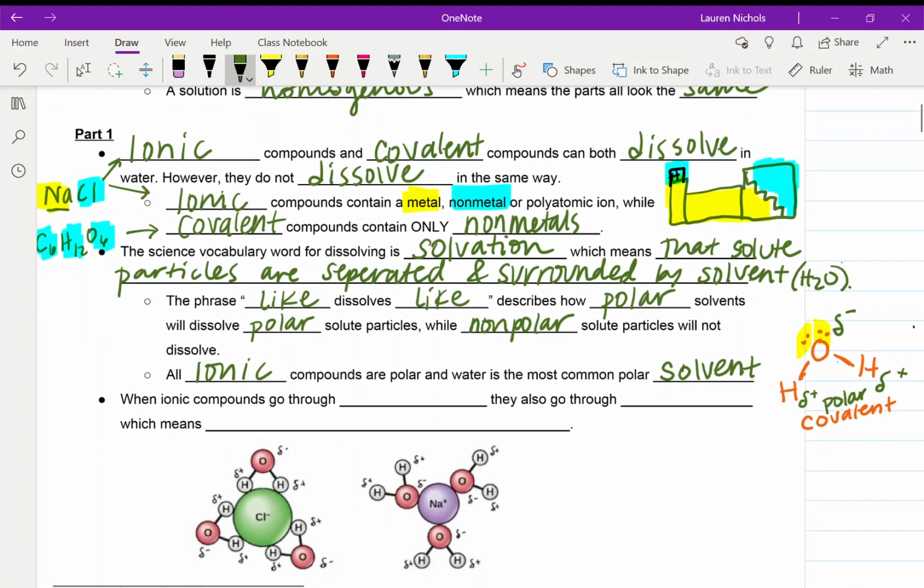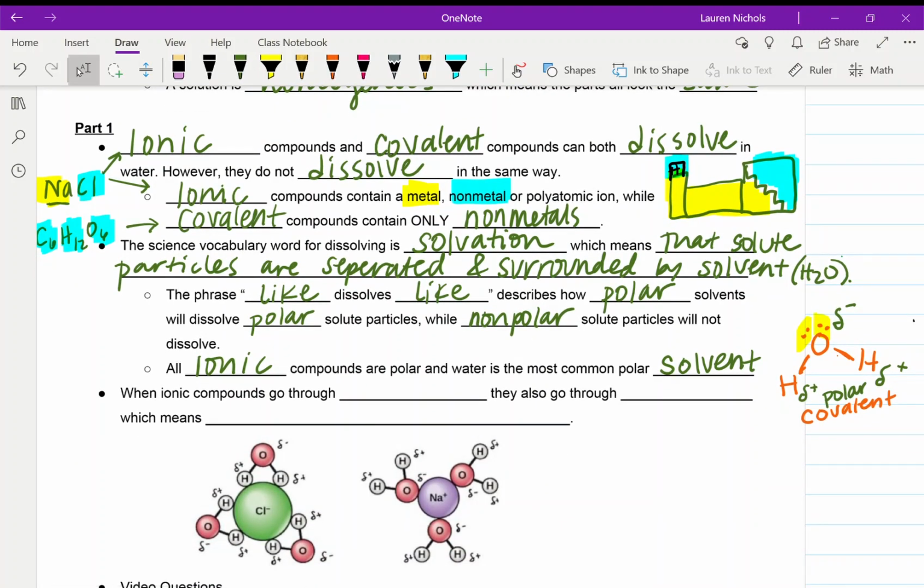And so what's unique about an ionic compound is that when ionic compounds undergo solvation, when they're dissolving, they also go through dissociation. Now remember, if you're saying that you associate with someone, it means you kind of have a loose connection. But when you're dissociating, that means you're breaking a connection.